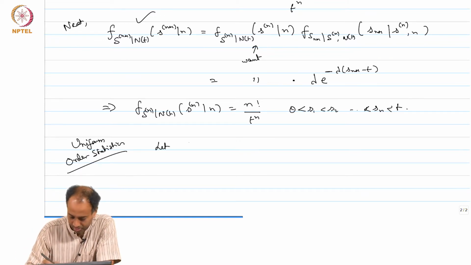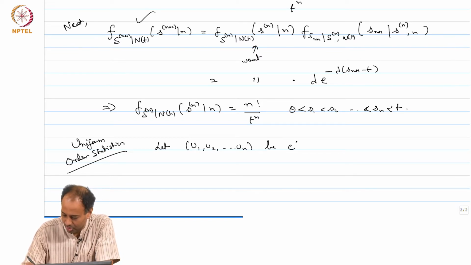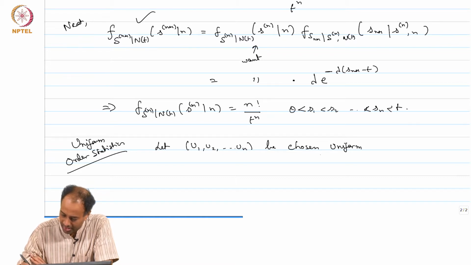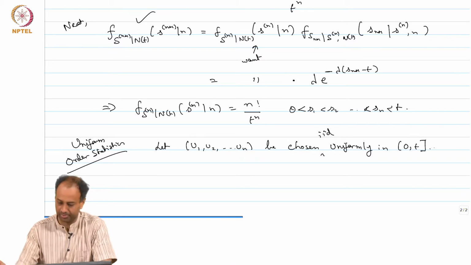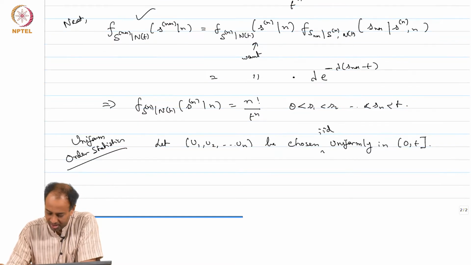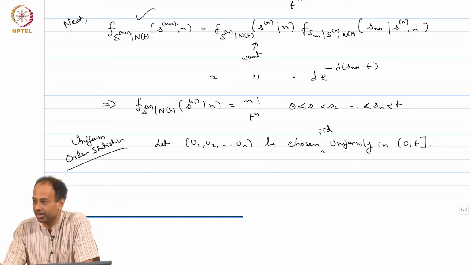Let u1, u2, ..., un be chosen IID uniformly in 0 to t. So, now I am saying forget all about Poisson processes, you know what a uniform random variable is, right.